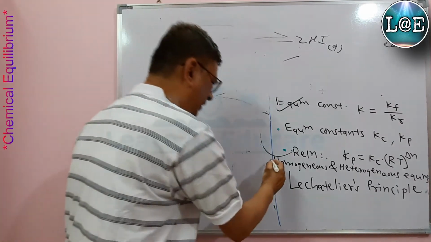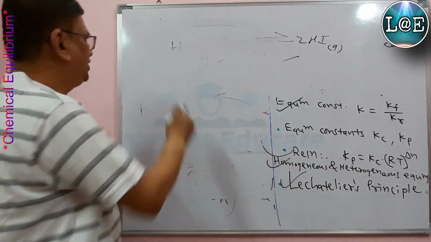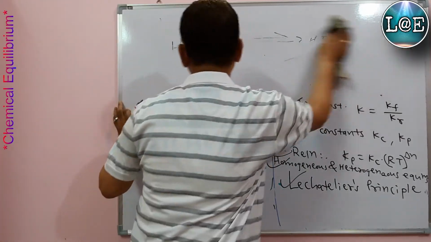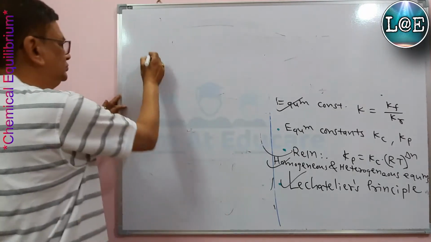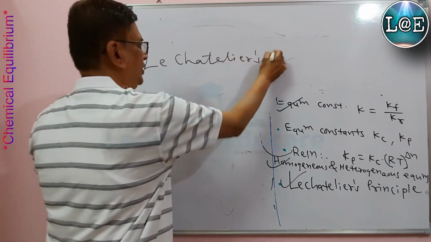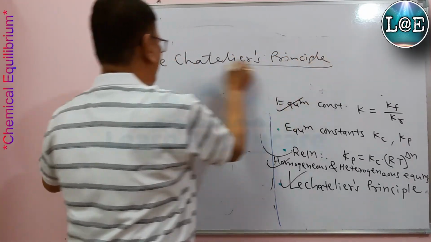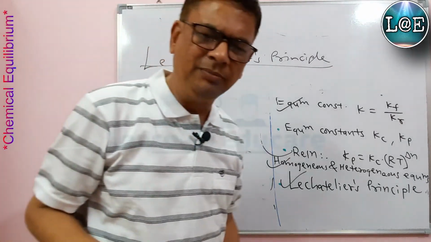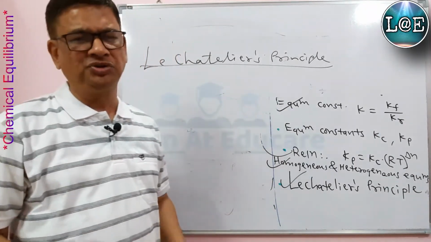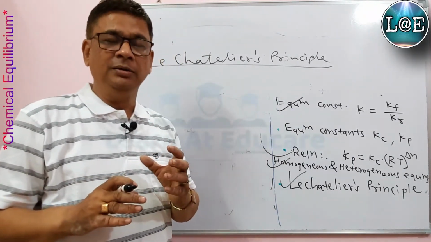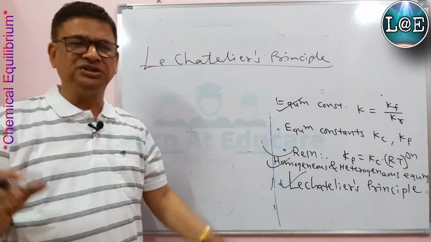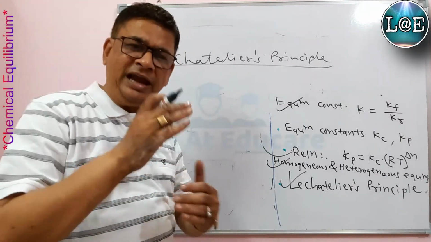Now the next topic, Le Chatelier's principle. Le Chatelier was one of the scientists who gave this principle. According to Le Chatelier's principle, whenever a system in equilibrium, here a chemical reaction in equilibrium, is subjected to some external force which can disturb the equilibrium, the system or that reversible reaction opposes the change, nullifies the change made externally, and readjusts the equilibrium.